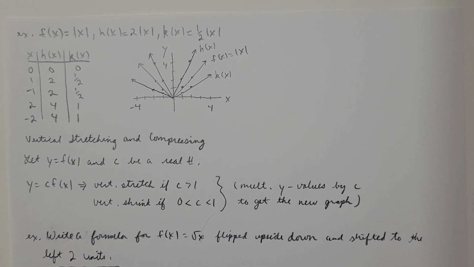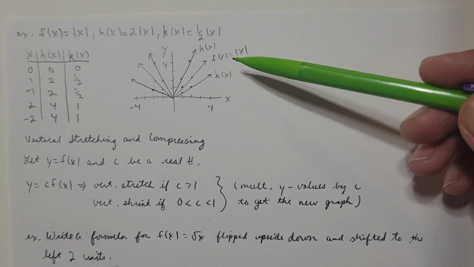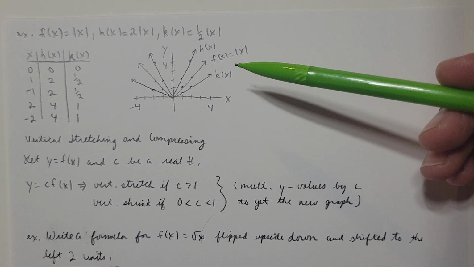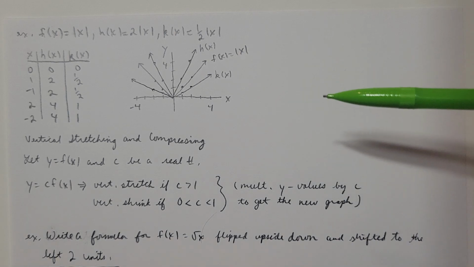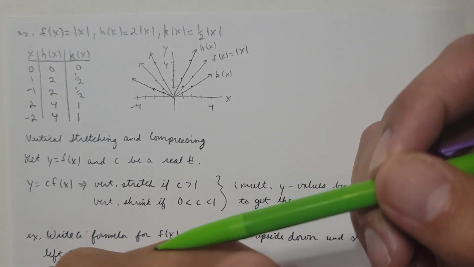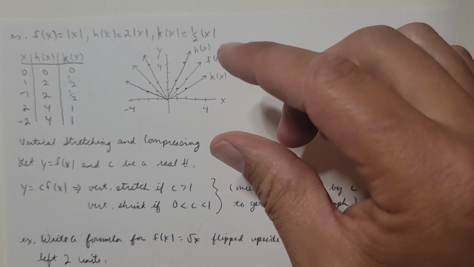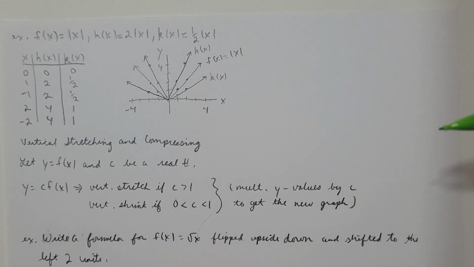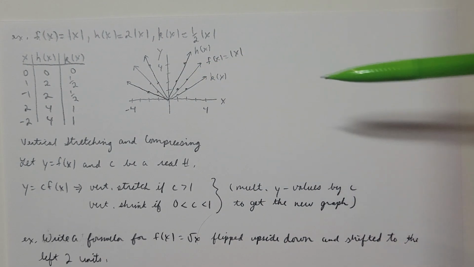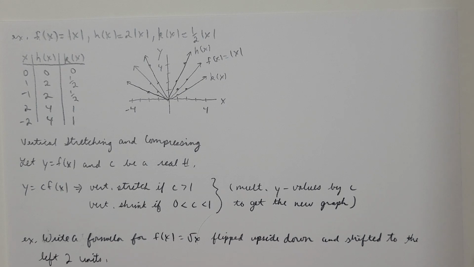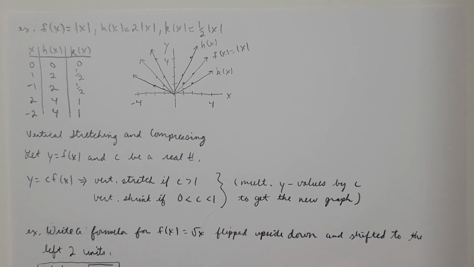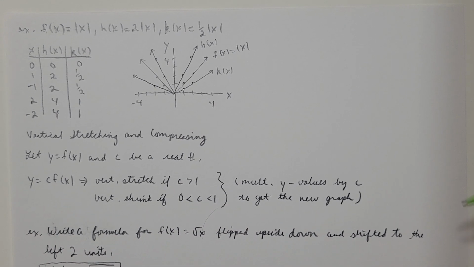Well, it looks like we took the graph of y equals the absolute value of x, and we stretched the graph out vertically. So if you imagine hands pulling on the vertical axis there, stretching this graph out, that's going to force the graph to get closer to the y-axis on both sides. Okay? So we call that transformation a vertical stretch.